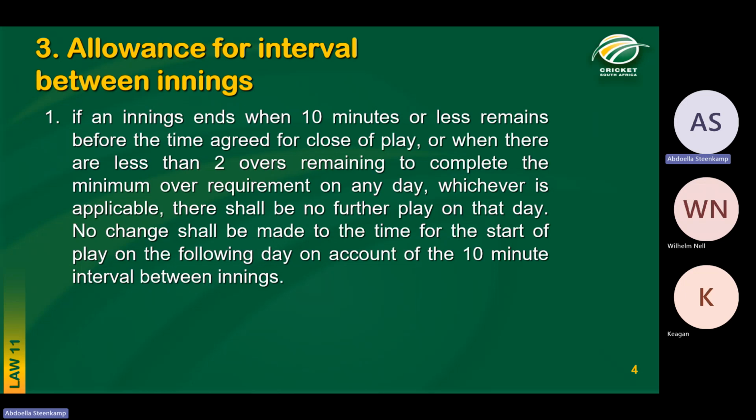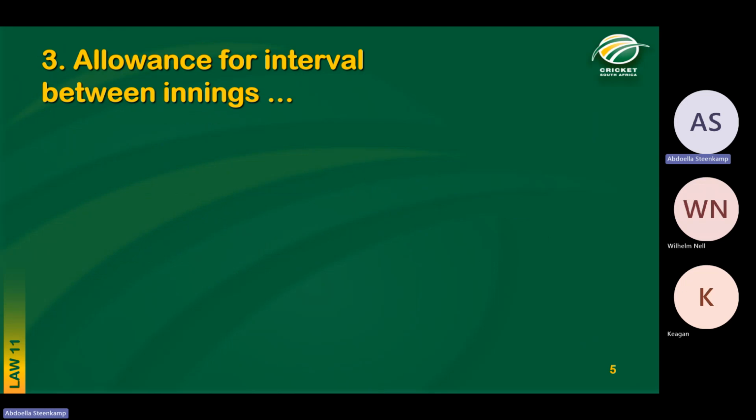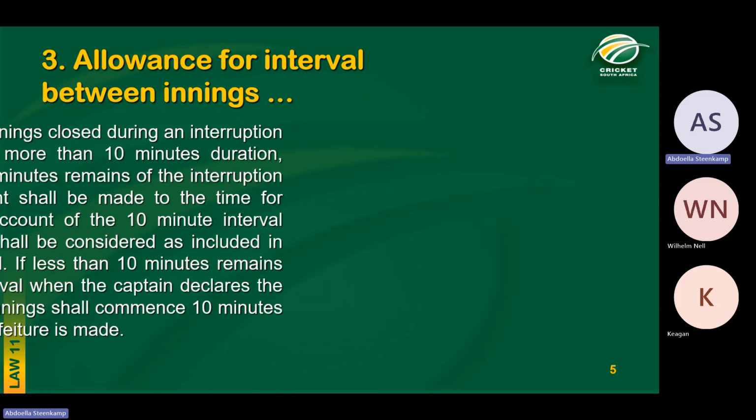And in that case, it will be stumps on this particular day. Again, we're going to do examples later on, which will make the theory much clearer. So that's the first in terms of saving a bit of time in the match when it comes to the change of innings interval.